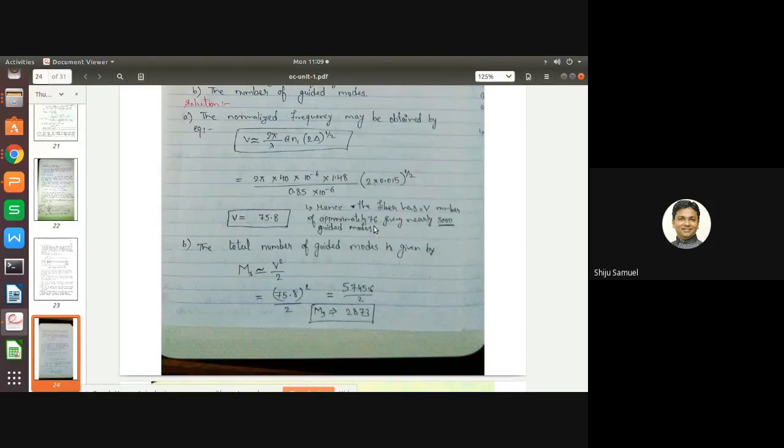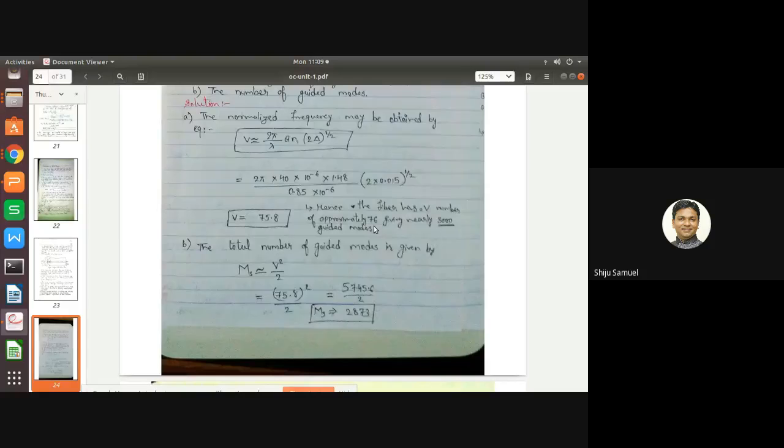So it is approximately 3000 guided modes, around 2876, 2873 guided modes are there. So that many rays at a time should enter into the optical fiber core.